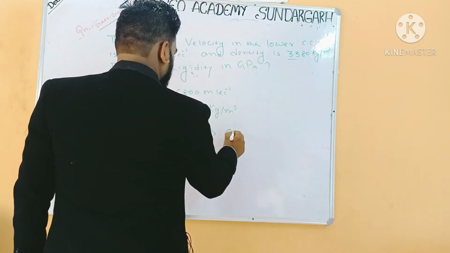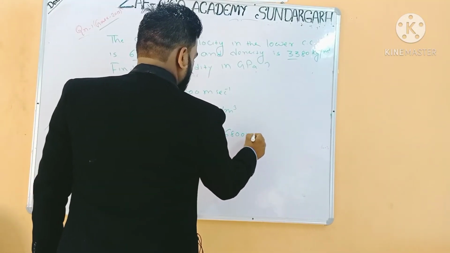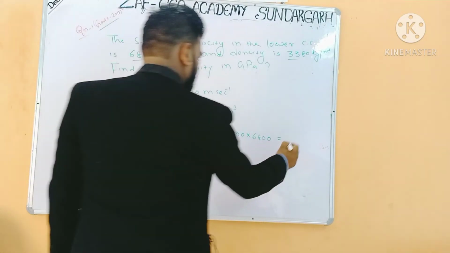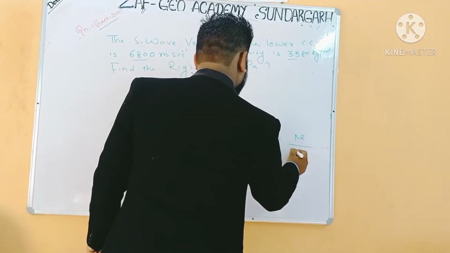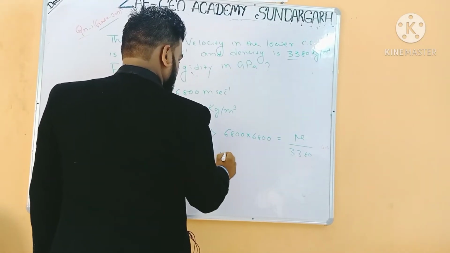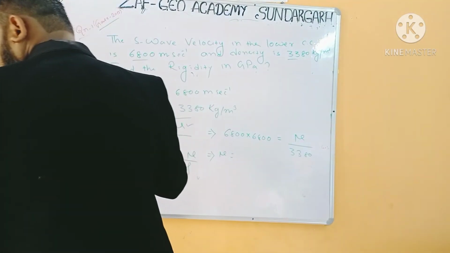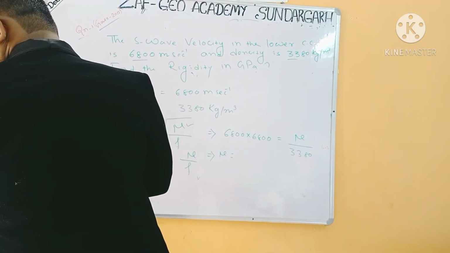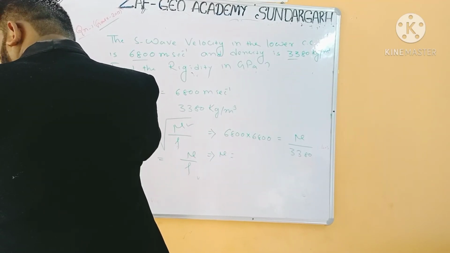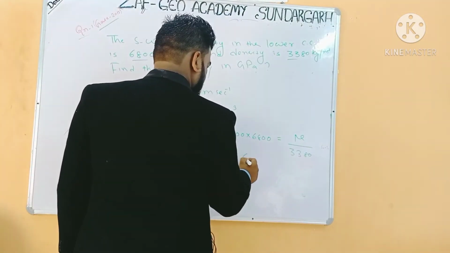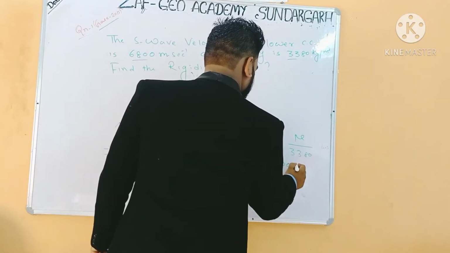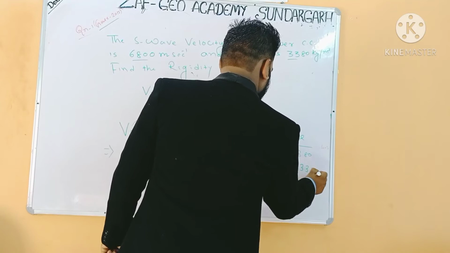Vs, 6800 multiplied by 6800 will be equal to mu by rho, 3380. So mu will be equal to 6800 multiplied by 3380.